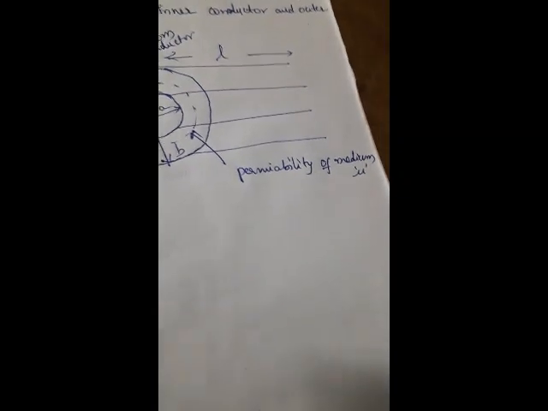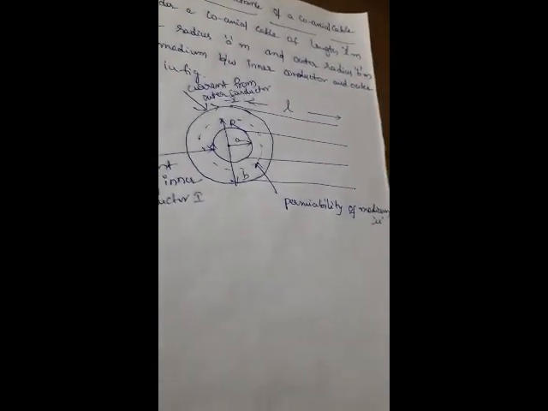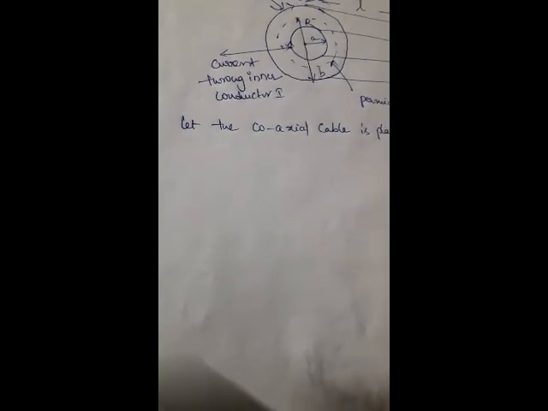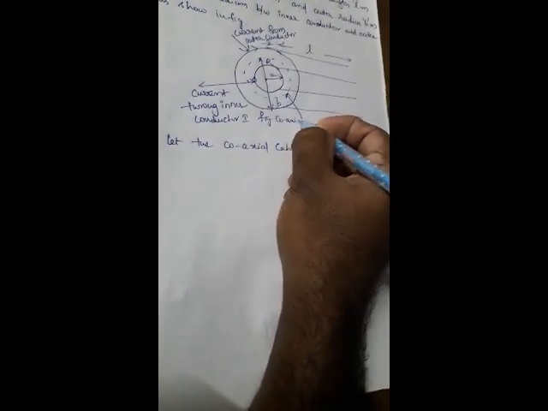Now we already know the magnetic flux density due to a coaxial cable. Let the coaxial cable be placed along the z-axis. We already know from the third unit that a coaxial cable means a straight conductor.